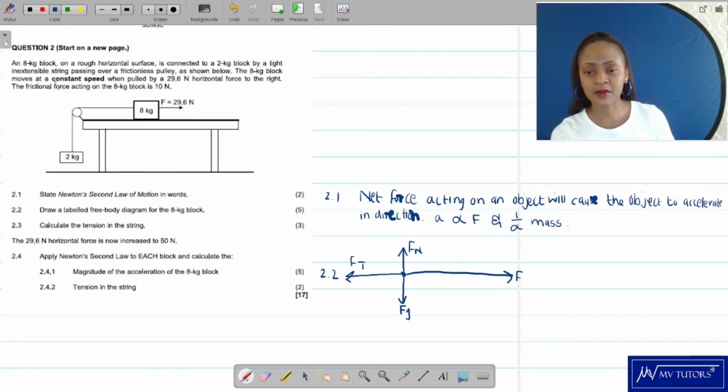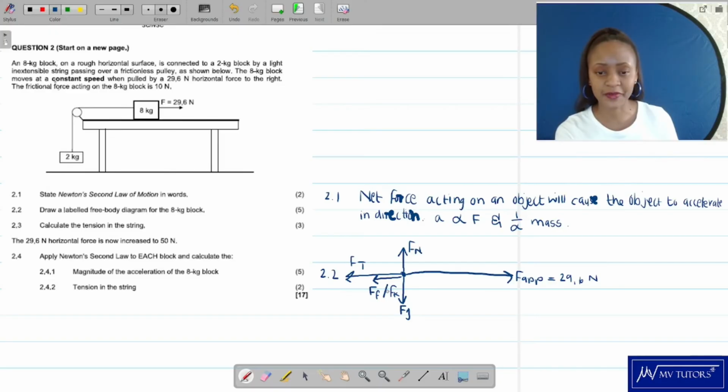So we can see that the force applied, which is actually 29.6, that it is longer, shows that it is much bigger. And then we have friction force. Friction force will definitely be small. So you can just say friction force, or you could say kinetic. You can show FK or big F and small f. It's really up to you.